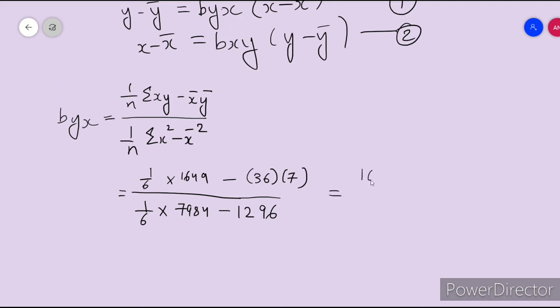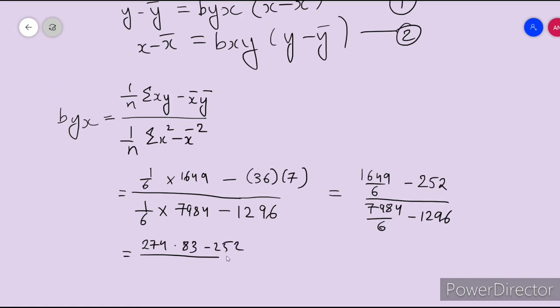This will be 1649 divided by 6, minus 36 into 7, which gives us 252, divided by 7984 divided by 6, minus 1296. 1649 divided by 6 gives us 274.83 minus 252. 7984 divided by 6 gives us 1330.67, and we subtract 1296.